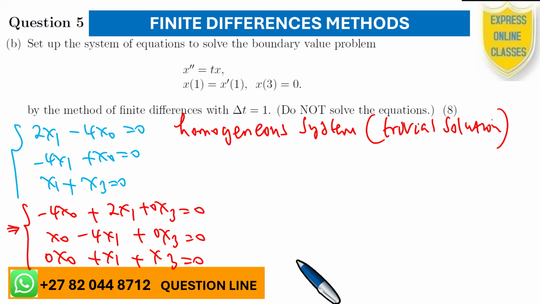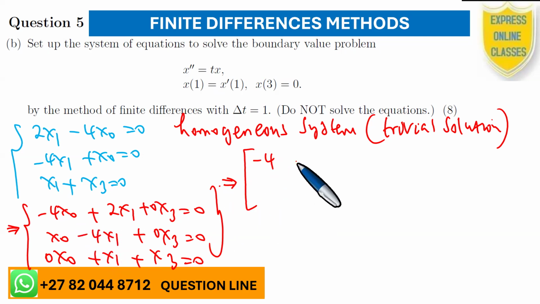Then you can use octave. We can use octave to solve this one. So let us practice with octave. But before we switch to the octave panel, we note therefore that this is going to have a matrix minus 4, 2, 0. You can factorize it. So we're going to use the matrices to deal with this on the octave panel.